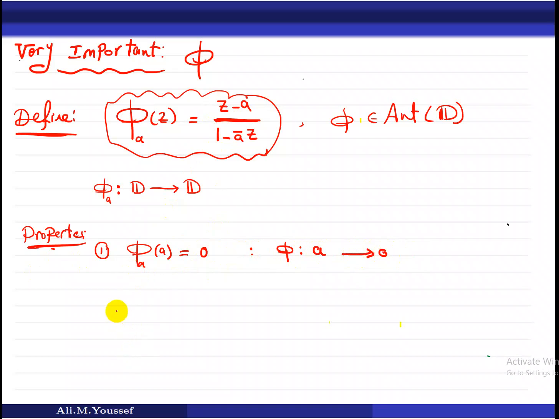The second one: the modulus of phi_a(z) is equal to the modulus of z minus a over the modulus of 1 minus a bar z.